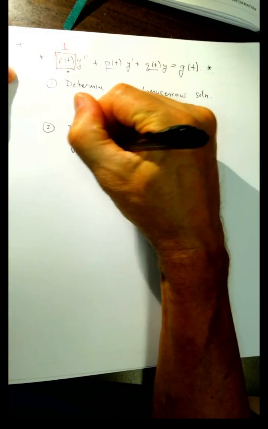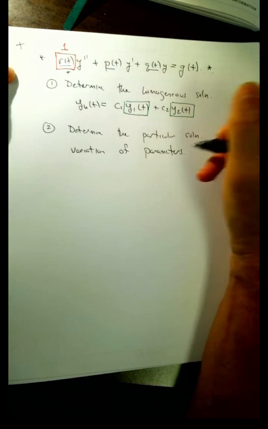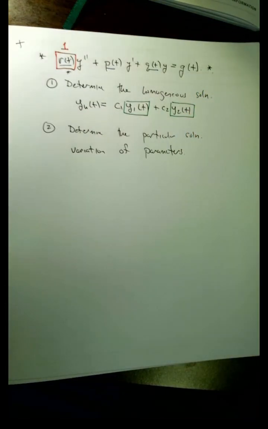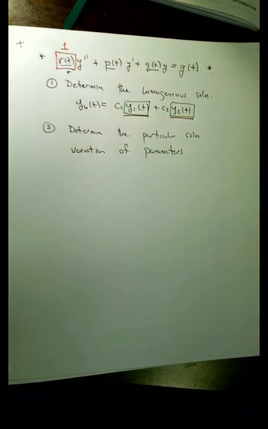And we're going to use now something called the variation of parameters. And it's going to be very similar to what we did before with the reduction of order. So the same idea, but where it's going to be different is now we have two homogeneous solutions, whereas before we only had one.